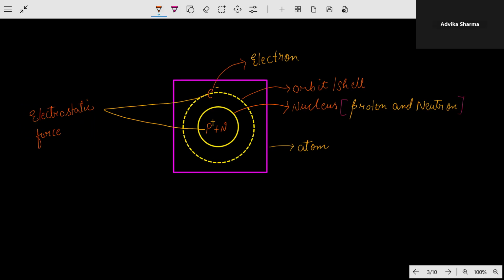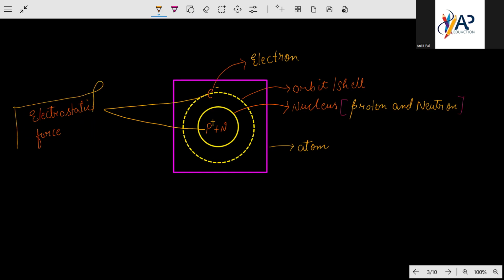Electrostatic force means the force which acts between two charges. This force is weak in nature.